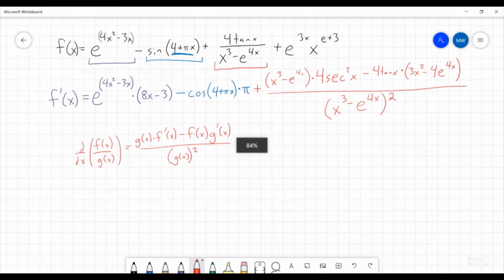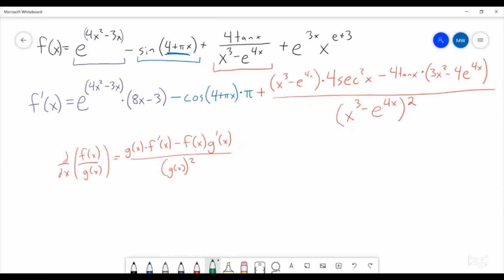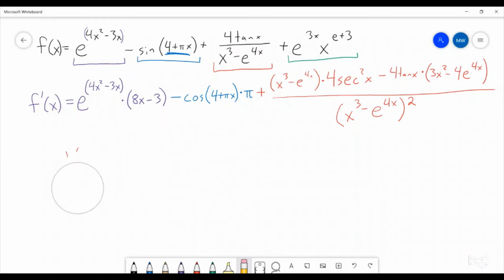So now what we have left is we're still going to need to figure out this last one, the plus e to the 3x times x to the e plus 3. Well, this one's going to be a product rule, and so what we'll have is plus first times the derivative of the second, so an e to the 3x times derivative of x to the e plus 3.